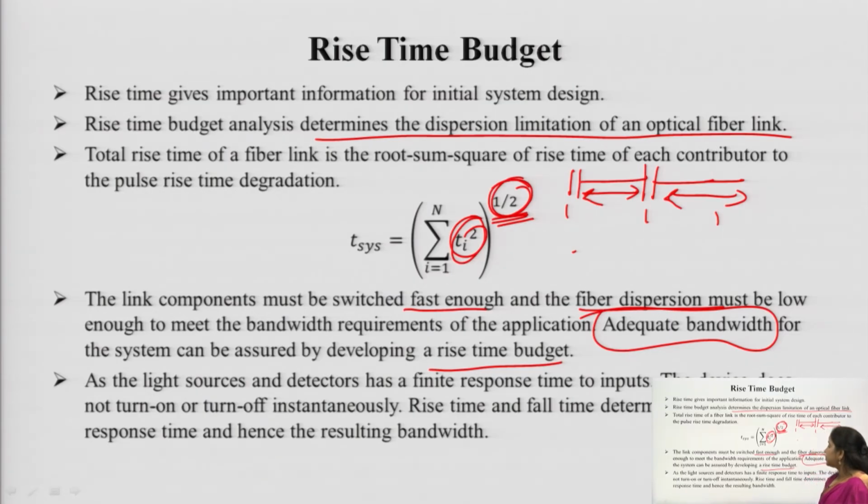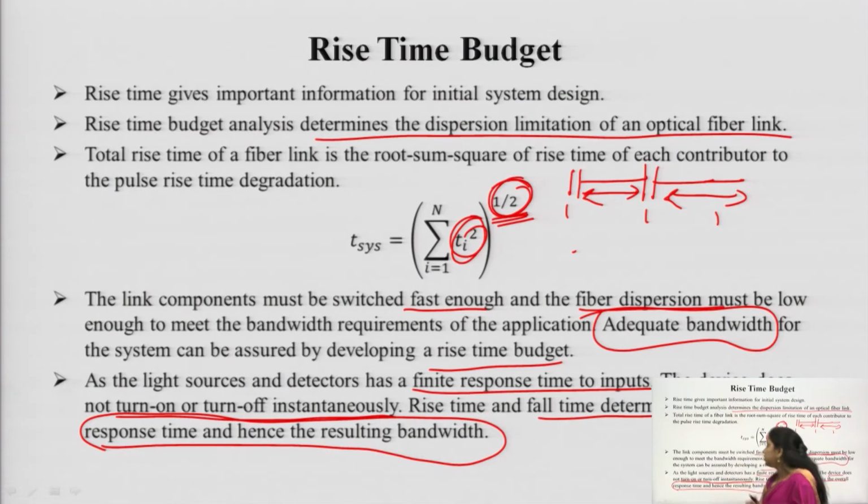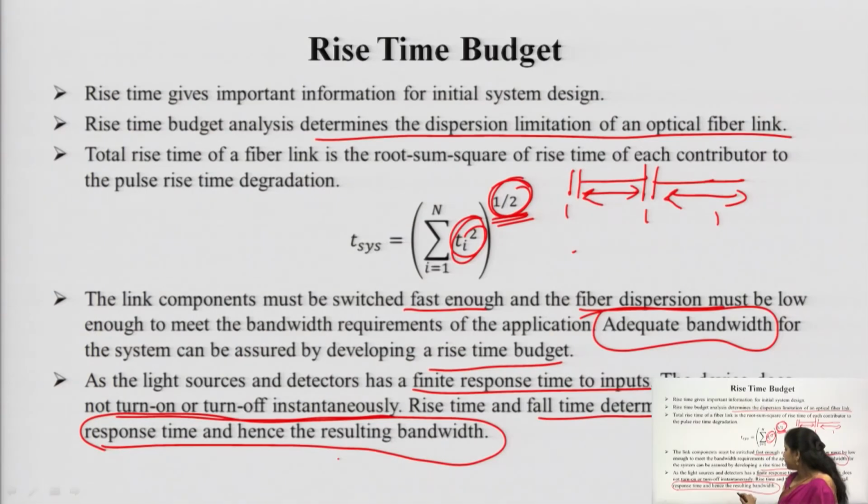As the light source and detectors have finite response time to input, the device does not turn on or turn off instantaneously. The rise time and the fall time determine the overall response time and the resulting bandwidth. So, one more thing to note is that we do the rise time budget analysis because basically this determines the response time and the resulting bandwidth of the system.